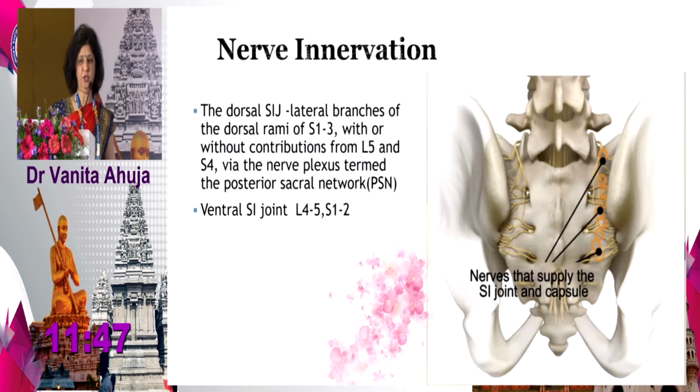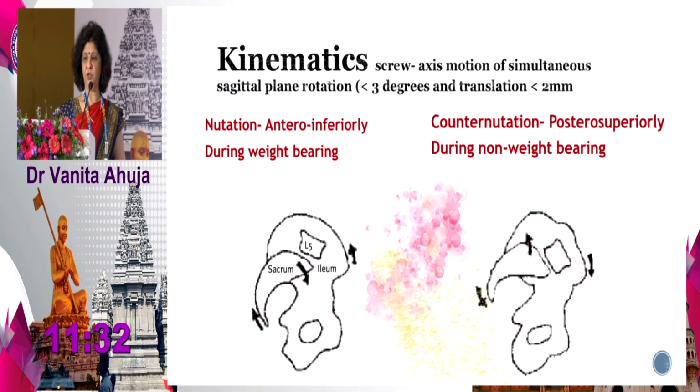Now, the innervation which we target in the procedures is the dorsal sacroiliac joint innervation, which comes from S1 to S3, with or without contributions from L5 and sometimes S4. The ventral innervation, we are not targeting in interventions. Why are we talking about kinematics? There are two types of movement in the sacroiliac joint: antero-inferior, which occurs during weight bearing, and postero-superior, which occurs during non-weight bearing.